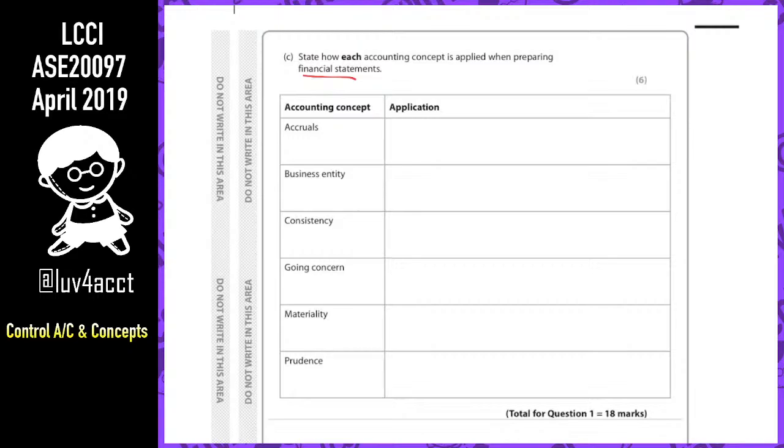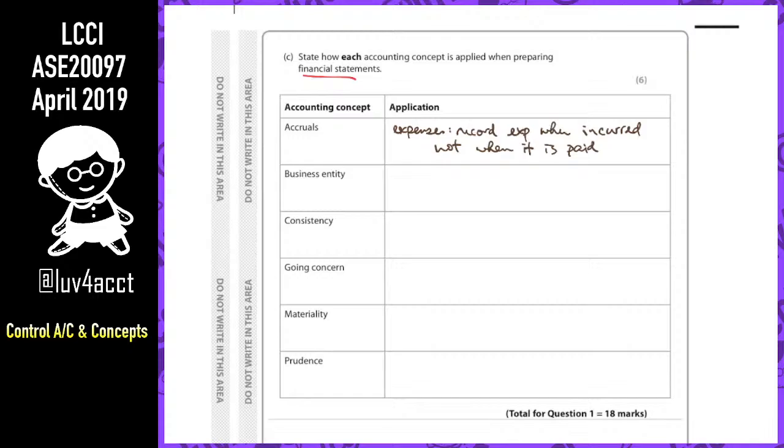For example, for expenses, we have to record or recognize expenses when incurred, not when it is paid. Simple way to put it.